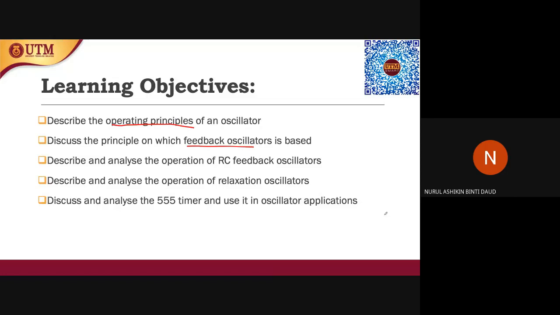So today we will look into detail at the RC feedback oscillators, the relaxation oscillators, also known as multi-vibrator oscillators, and inside the multi-vibrator, the 555 timer. We will look into the 555 timer and how it can be used in oscillator applications.